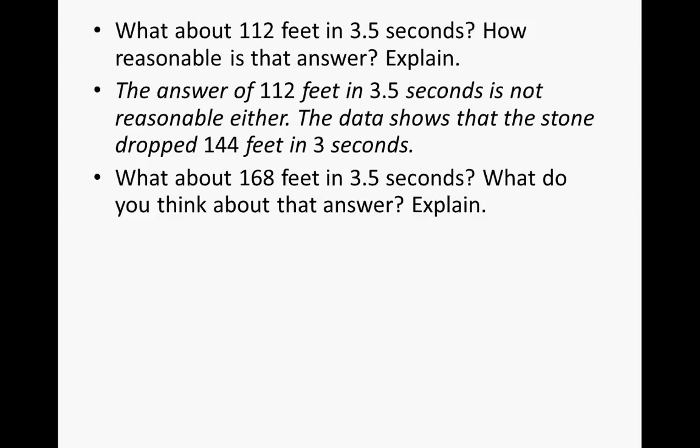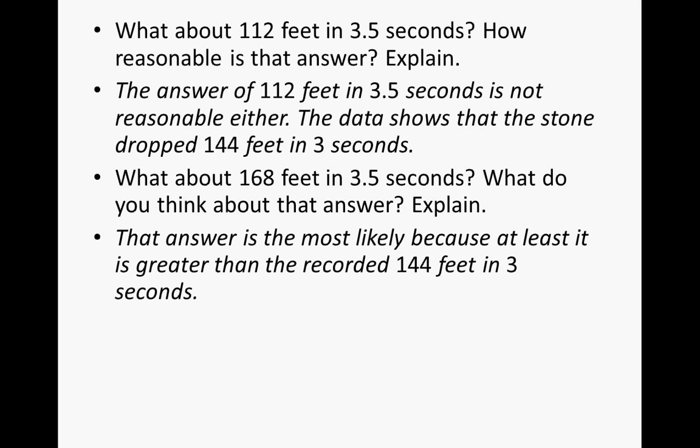So what about 168 feet in 3.5 seconds? What do you think about that answer? Well, this answer is most likely because it is at least greater than the recorded 144 feet in 3 seconds. So we know that in 3.5 seconds it's got to be more than 144 feet.